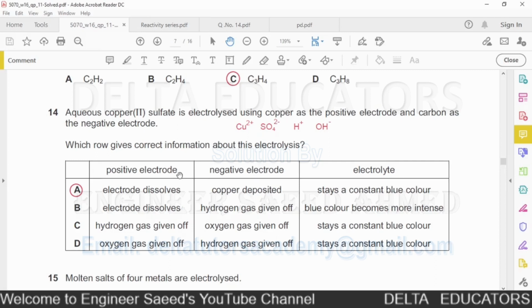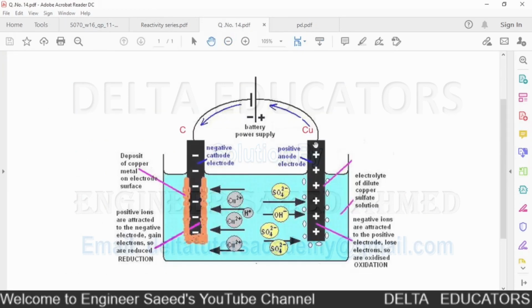What is given about the positive electrode? At the positive electrode, it is given electrode dissolves. Okay, we check now the positive electrode. Positive electrode is made up of copper. Now what happens during the electrolysis? This copper ion is migrating towards the negatively charged electrode. When this copper ion migrates towards the negative electrode, the copper ion in the solution will decrease.